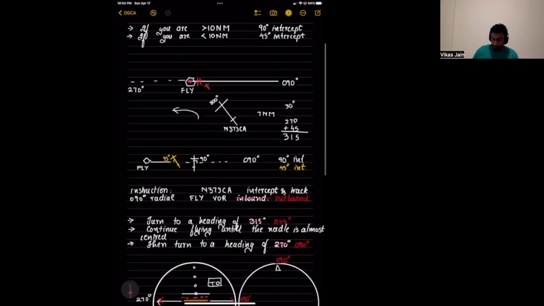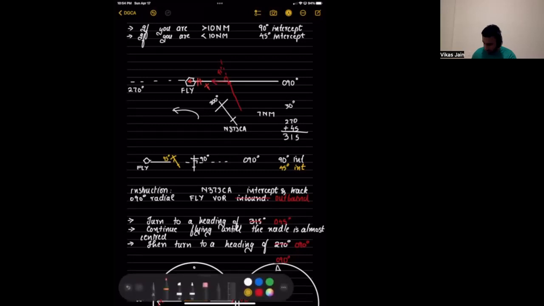It may seem very confusing and daunting at this stage, but the basic idea, if I can draw the figure and show you, in the first case, if it was inbound, you're just going at 45 degrees to the radial and then going inbound. This is your first case.